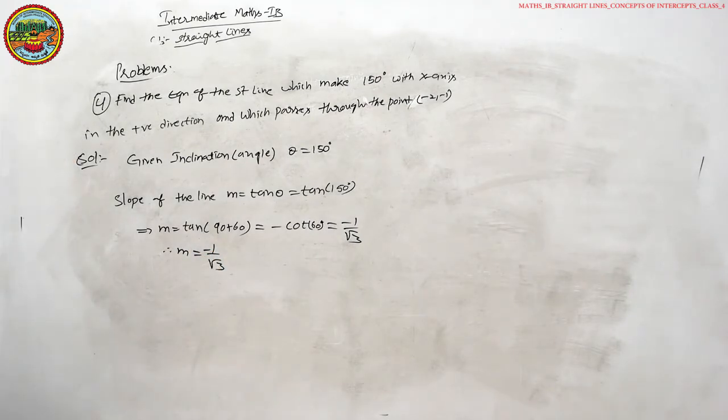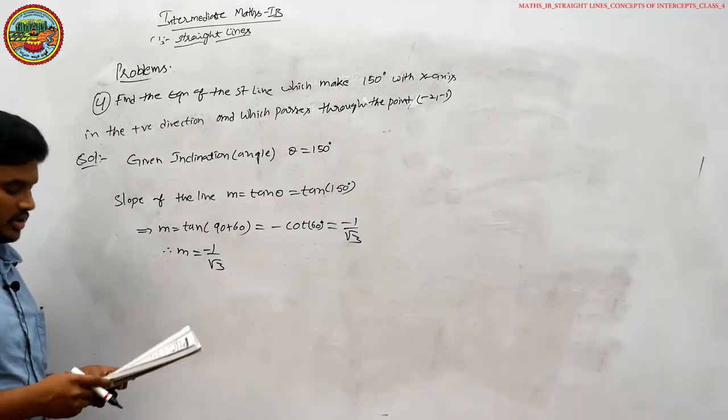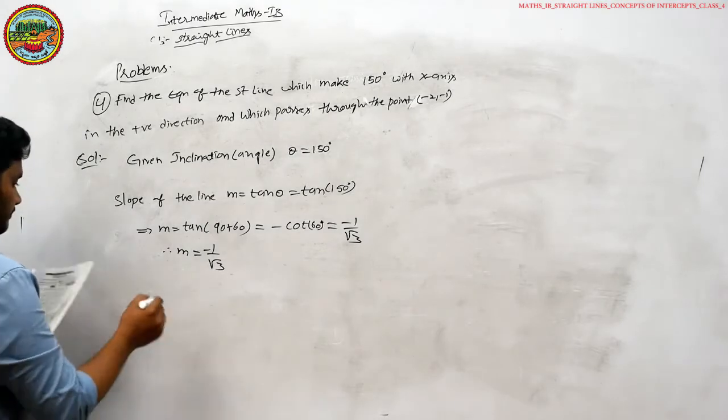So we have to find the equation. We have the slope and we have a point, so the slope-point form.